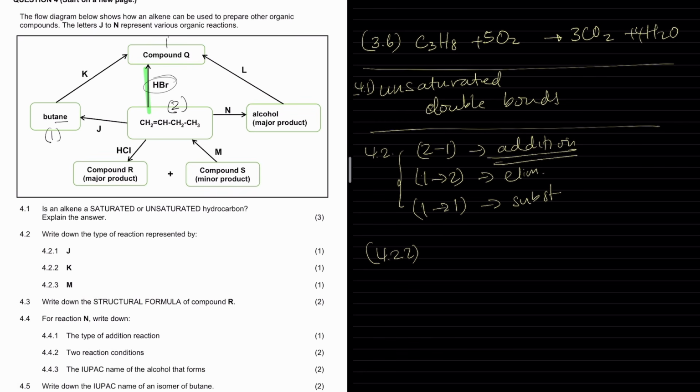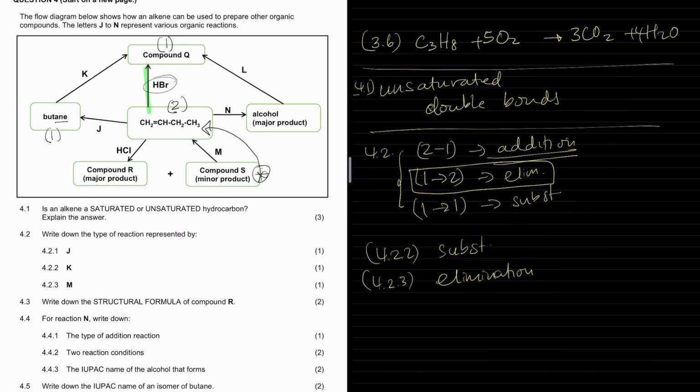So this compound must be a 1. It must be saturated. So reaction K goes from a 1 to a 1, which must make it a substitution reaction. Then 4.2.3, M. So they want to know what M is. Okay. M is going from a something to a 2. So the only one that goes from a something to a 2 is an elimination reaction.